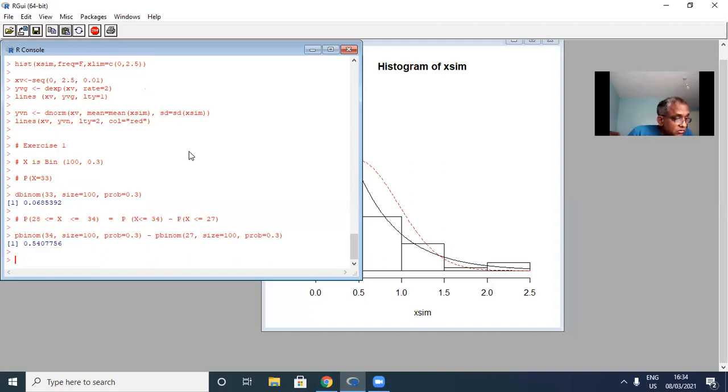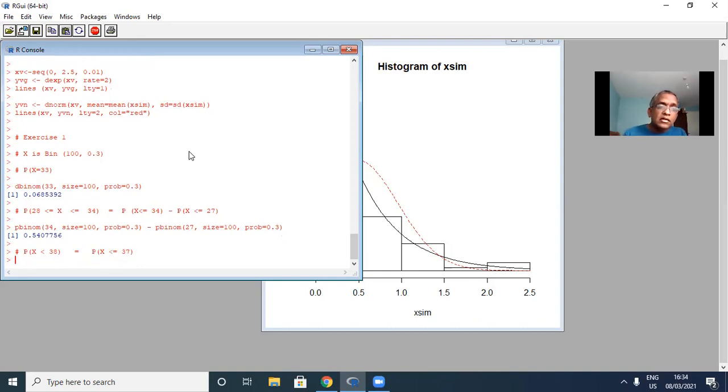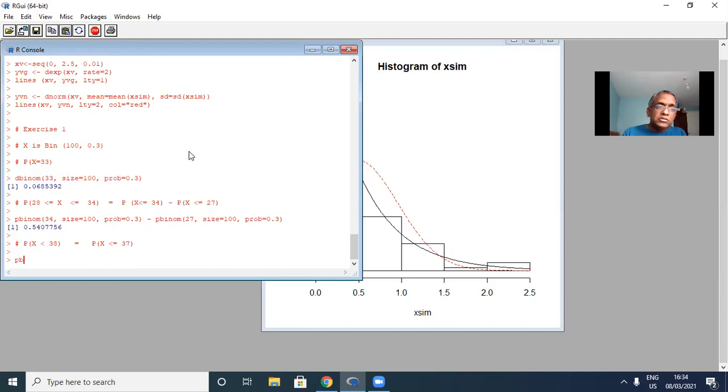The third part of the question is to find the probability that x is less than 38, right? Now, x is less than 38 is the same as the probability that x is less than or equal to 37, all right? So what you need to do is use pbinom 37 size equal to 100, prob equal to 0.3.